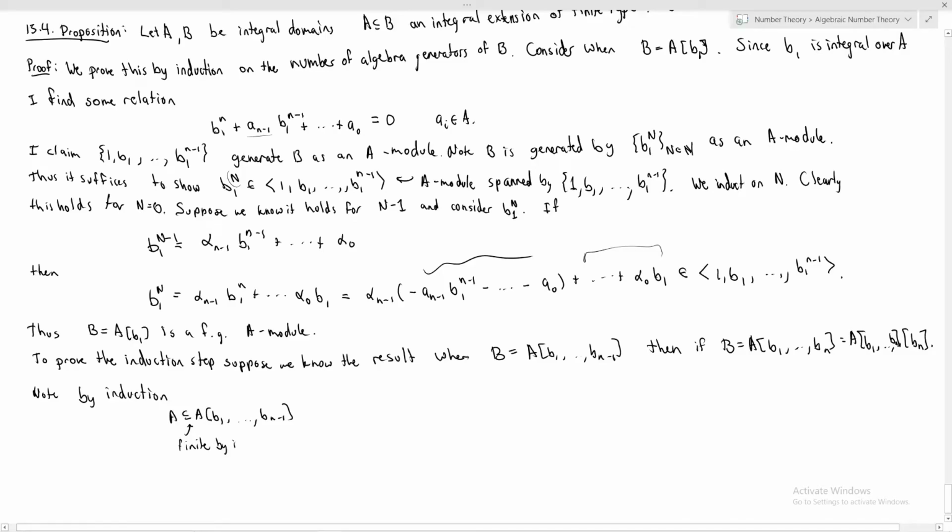By induction, this containment, I guess I should make a remark here. This is an integral extension of finite type.